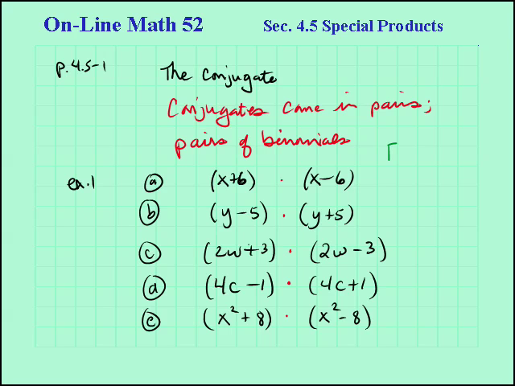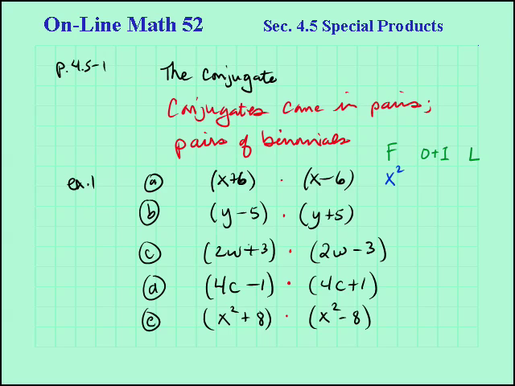Here's first. Remember outer plus inner? We had talked about that. And then lasts. If we did that here on the first one, the first is x times x. That's x squared.